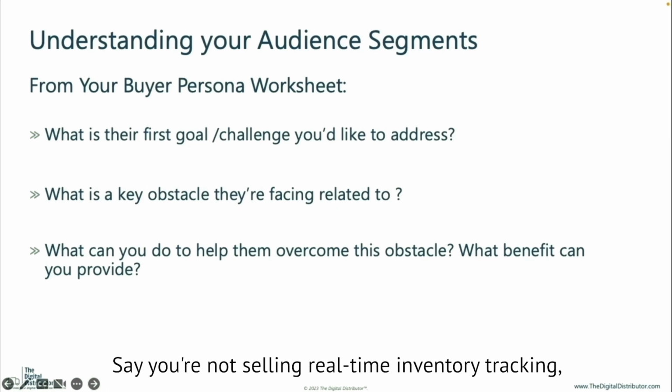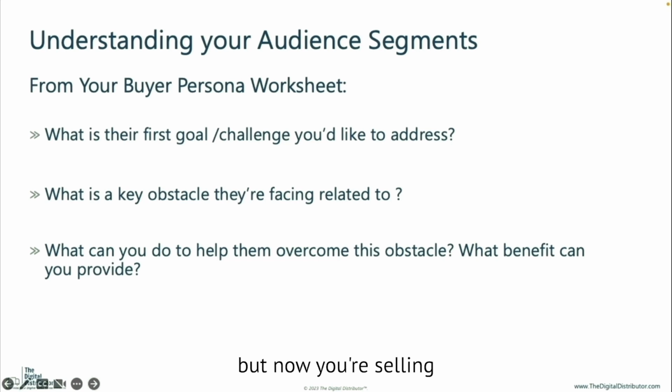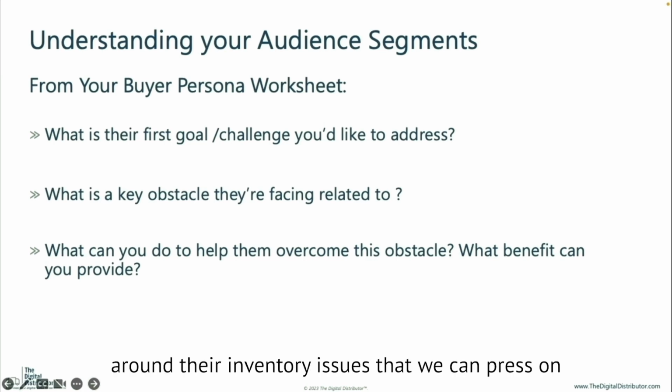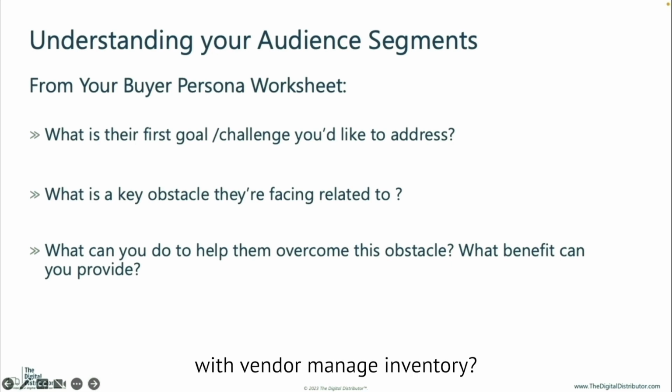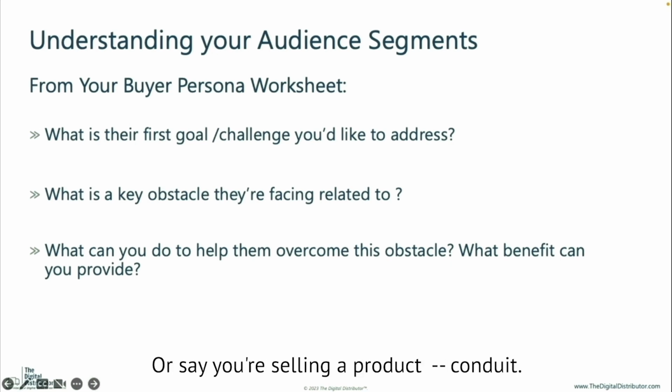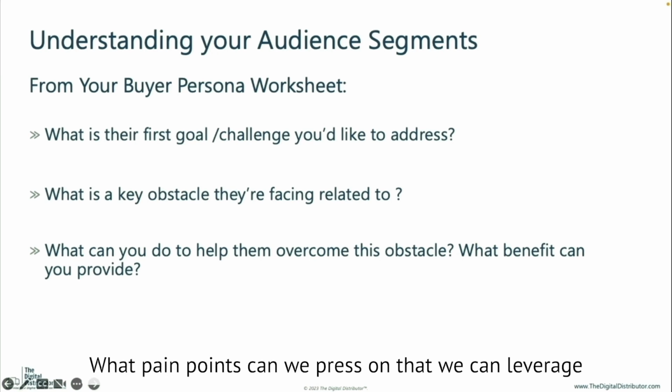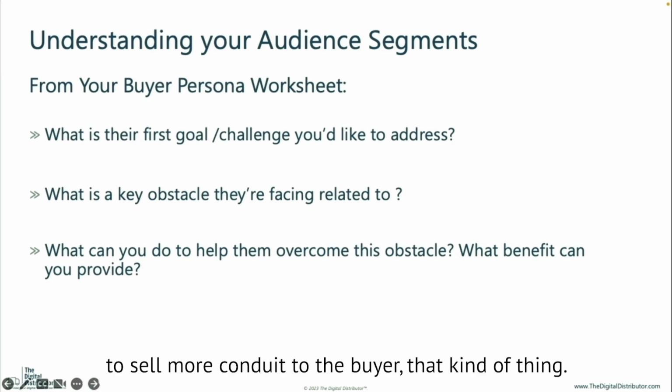Say you're not selling real-time inventory tracking, but now you're selling vendor managed inventory services. So what pain points do they have around their inventory issues that we can press on with vendor managed inventory? Or say you're selling a product, conduit, what pain points can we press on that we can leverage to sell more conduit to the buyer, that kind of thing?